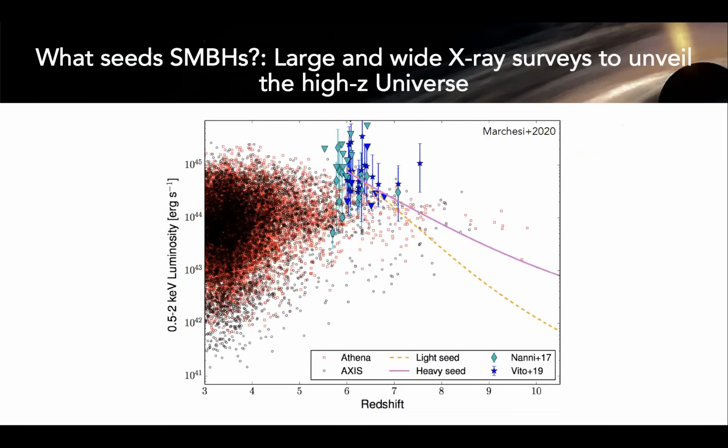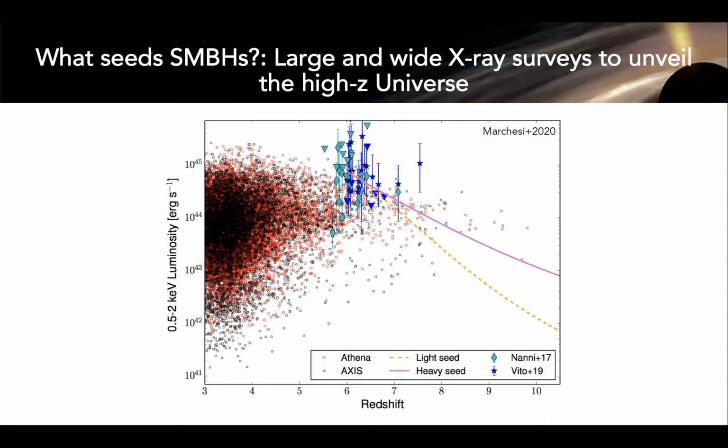So this is a figure showing potential Axis detections from surveys, as I mentioned before, and plotting their X-ray luminosities as a function of their redshift. And we're also overplotting two different scenarios, assuming a light seeding scenario shown in the orange line and a heavy seeding scenario shown in the pink line.